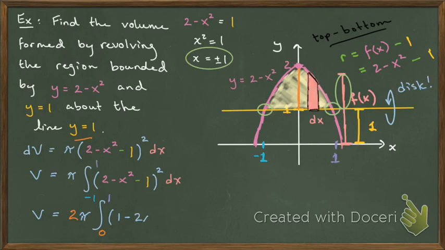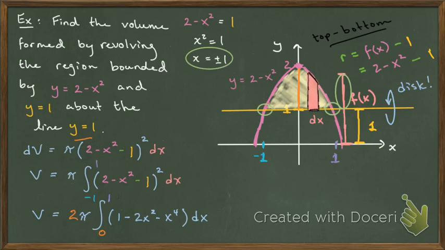And I'm integrating 1 minus 2x squared minus x to the 4th dx. So I've already taken 1 minus x squared on the inside, and I've squared it to get 1 minus 2x squared plus x to the 4th. And again, the 2 on the outside came from using the symmetry about the y-axis. So I'm integrating from 0 to 1 now.